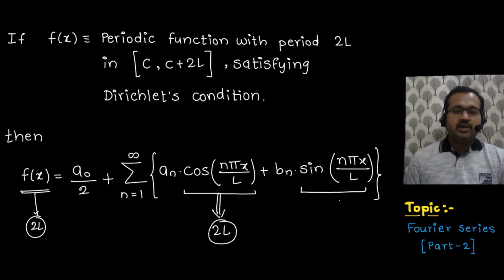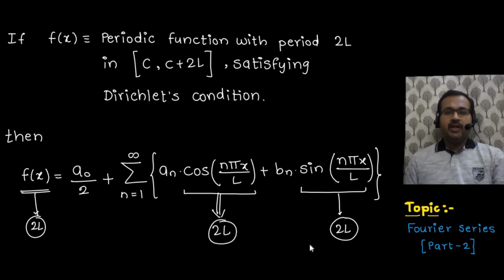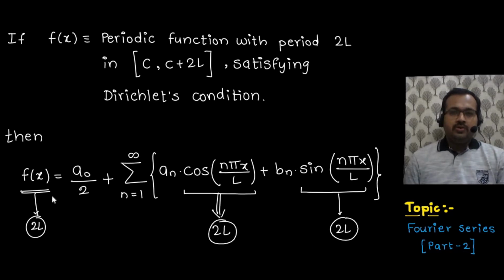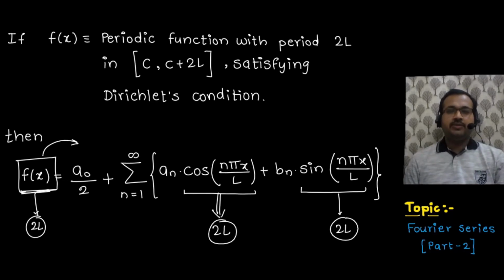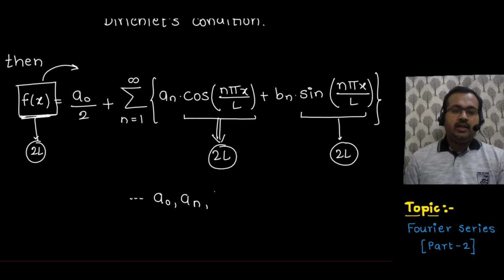Same is the case with sine n pi x upon l, which is a periodic function with period twice l. So the conclusion is, if f of x is a periodic function with period 2l, then we can represent this f of x in terms of a series of periodic functions with the same period, where a0, an, bn are known as Fourier coefficients.